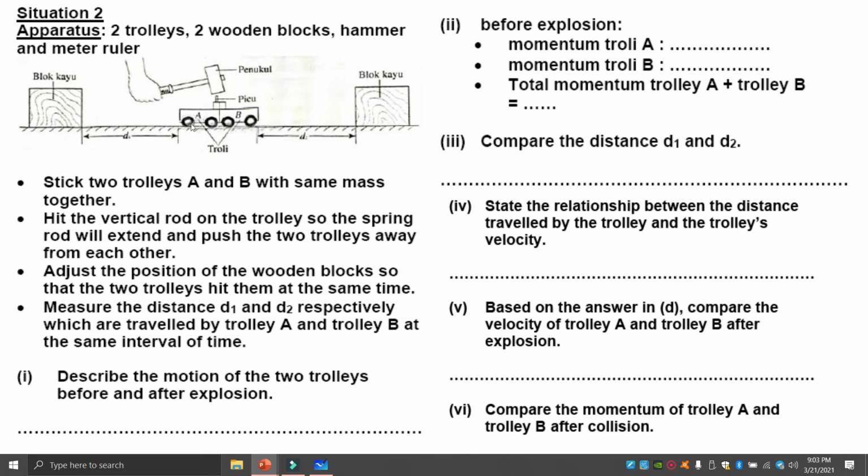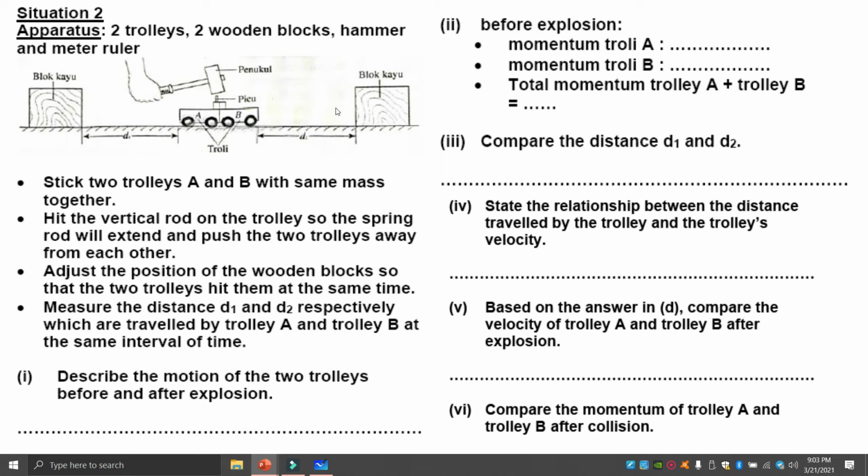You keep hitting until the trolleys stop at the same time. You keep hitting and then you adjust. So maybe here one moves a longer time and this one a shorter time, so you have to move it forward until you get the same time.